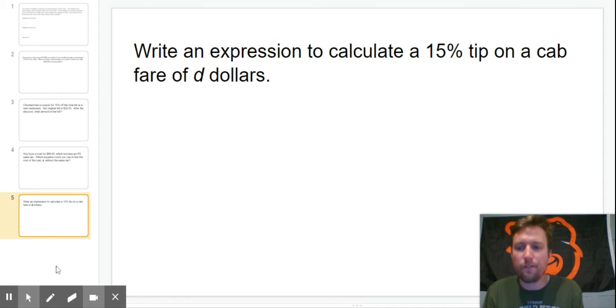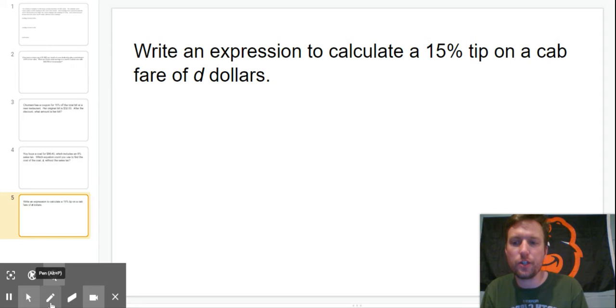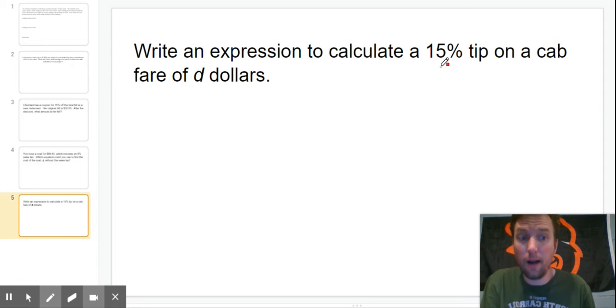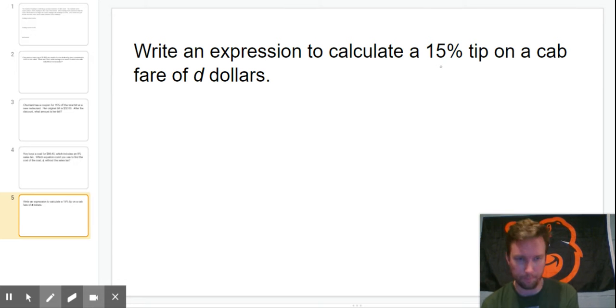Well, the first thing we need to do is turn this 15% into a decimal. That's right. We need to turn it into a decimal. So 15%, remember decimals, fractions, and percents, they're all related.